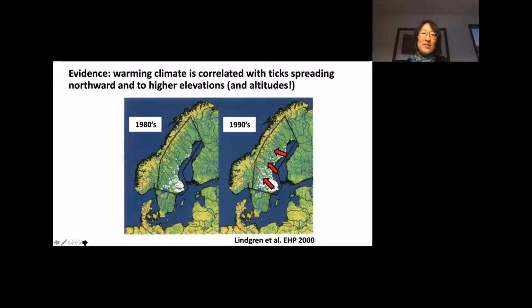But some evidence that we have seen of ticks expanding due to climate is in areas like Sweden, in Northern Europe. They've seen ticks move from the coastal areas, which are warmer, in the 80s, then further inland where it would have been colder.